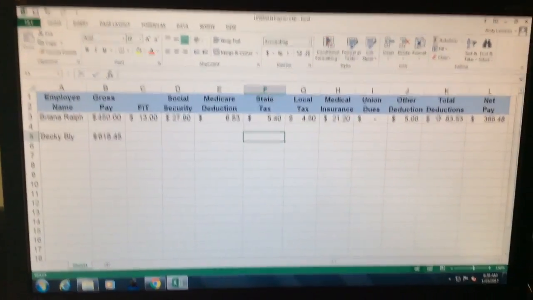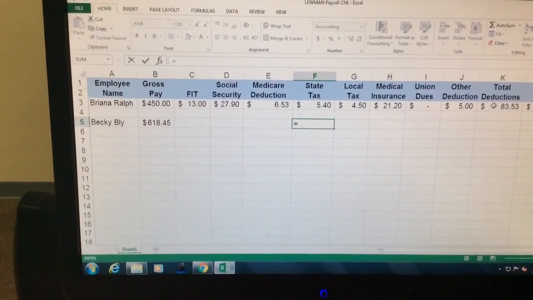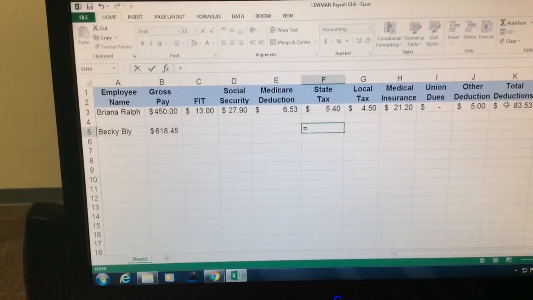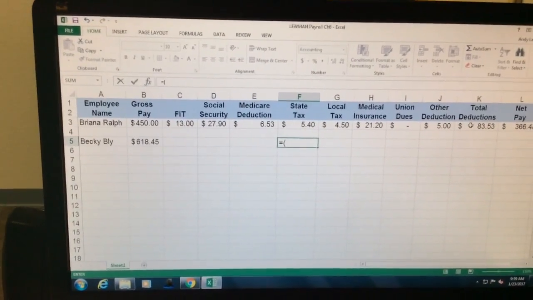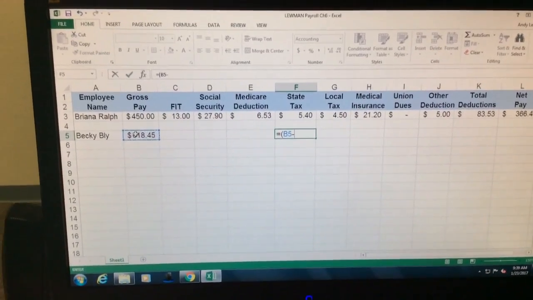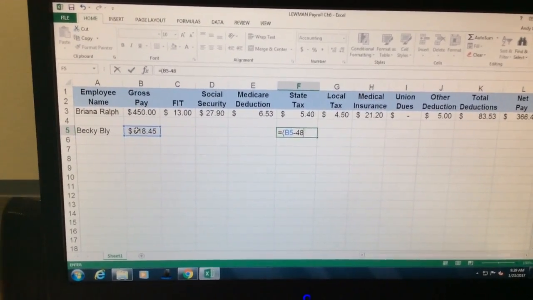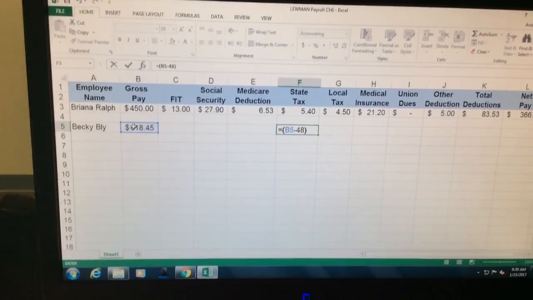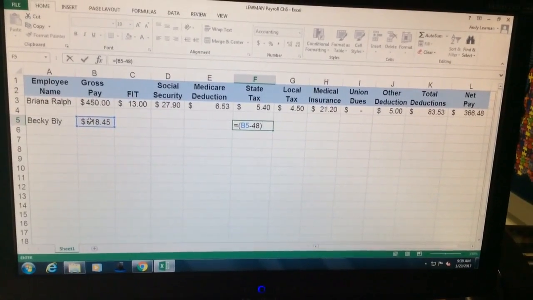So in this particular problem, you're going to go equals, and put a parenthesis. You're going to take $618.45 minus the $48 in exemptions that she gets, because it's going to reduce her taxable income.